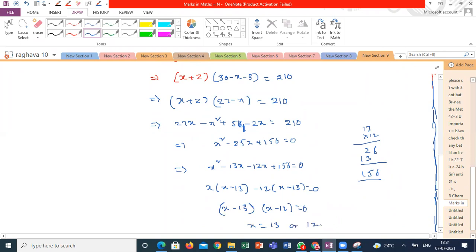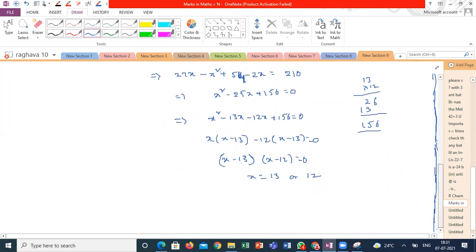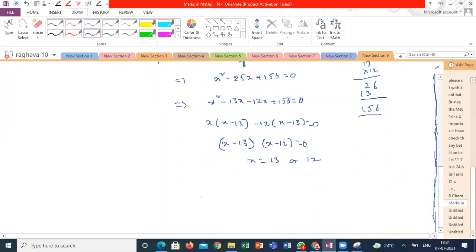Which answer do you have to pick here? Are both answers suitable for the situation? Yes, sir. If we take x as 13, y is equal to how much? If x is equal to 13, y is equal to 17, sir.